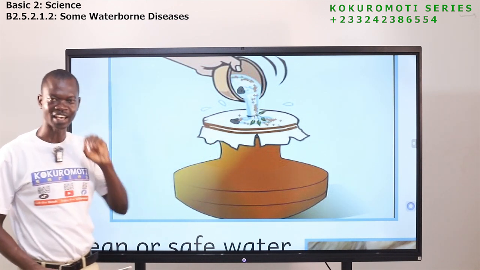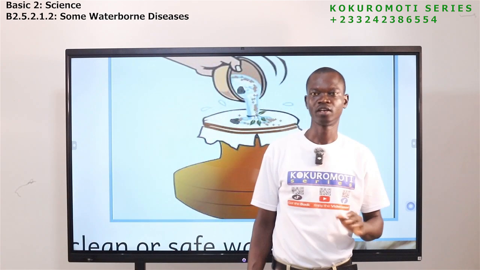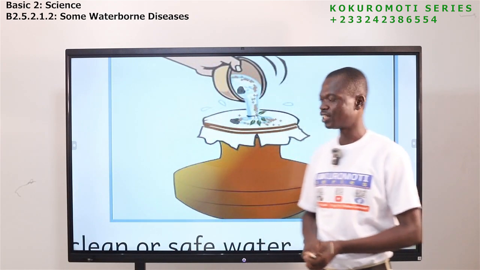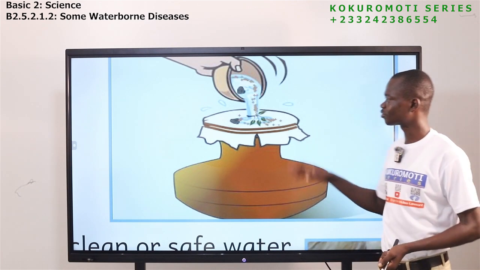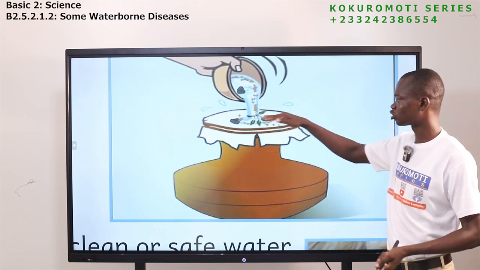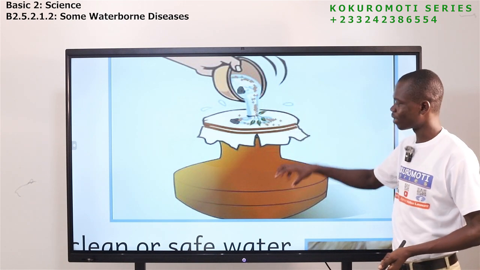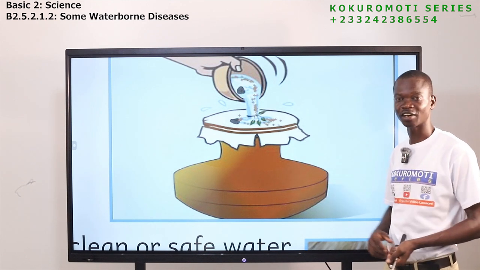So what you have to do is that all the time you have to filter the water that you drink. And let me tell you, doing this alone is not enough. Doing this alone is not enough. For germs you can't see with your eyes, if there are germs, the stones and other solid particles will be on top of the white cloth. But the germs will be part of the water, the clean water that you have here.